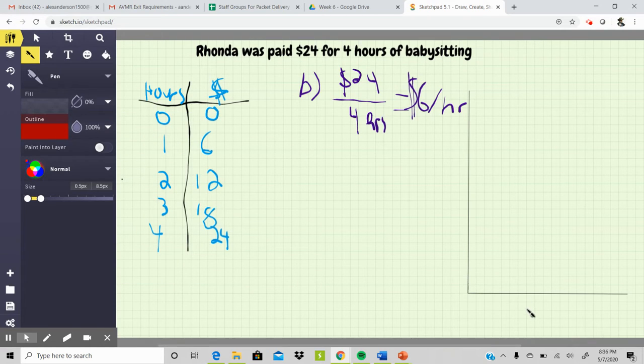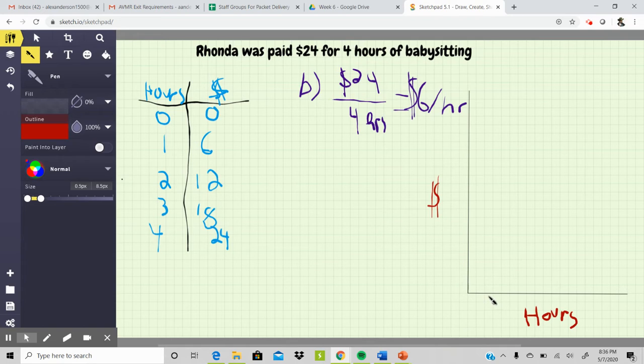This axis will be hours. And that would make this axis dollars, how much money. And then we just have to plot the points.